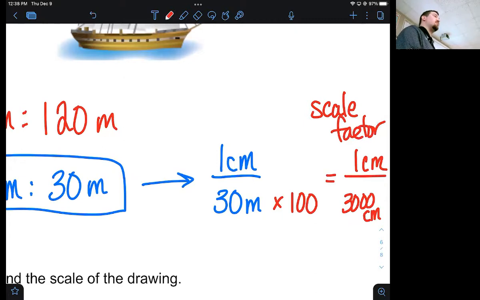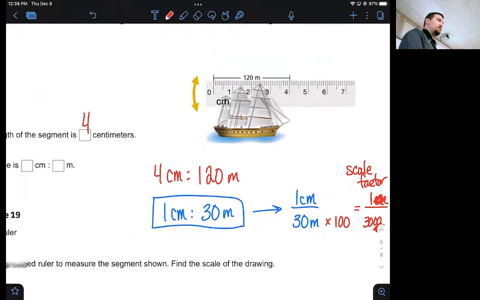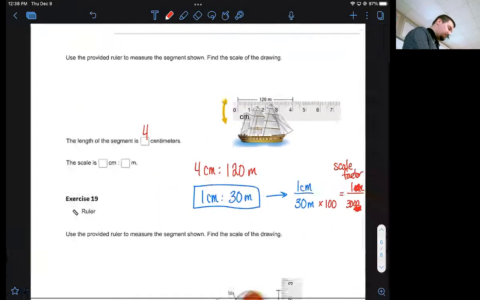So now that the units are the same, what do I do with the units? Everyone should be able to answer this. Cross them out. So how many times bigger is the actual ship from this drawing? 3,000 times bigger. Yeah, it's a lot bigger.